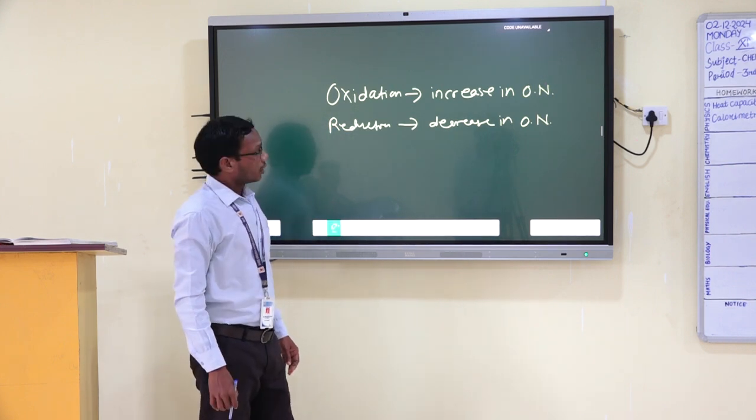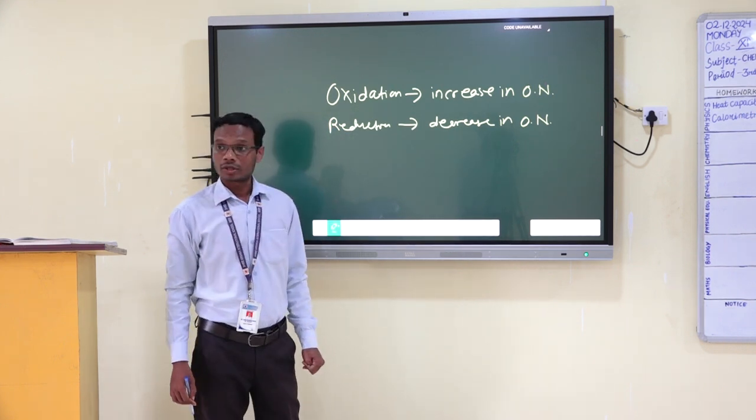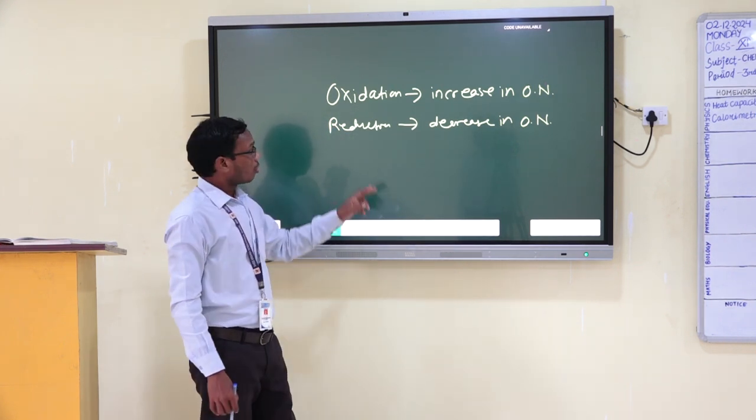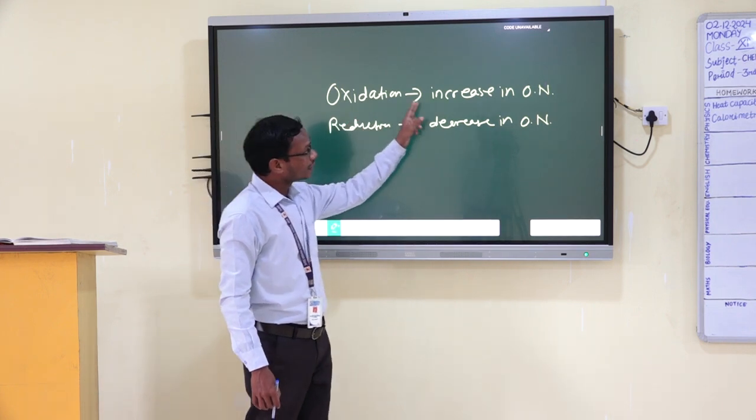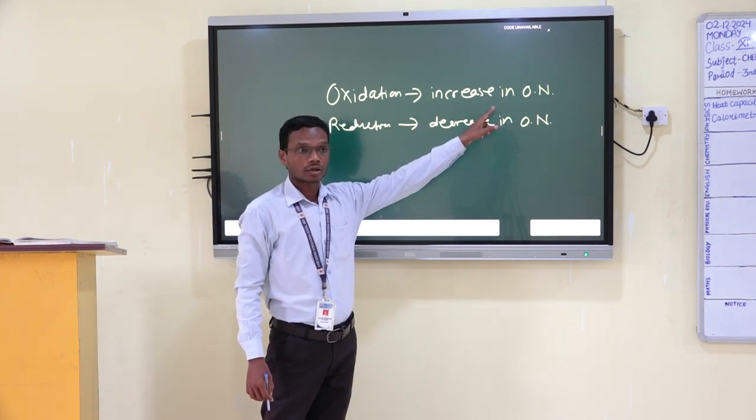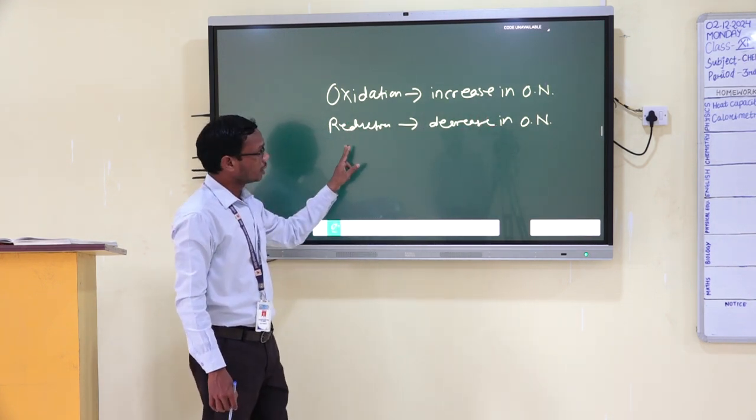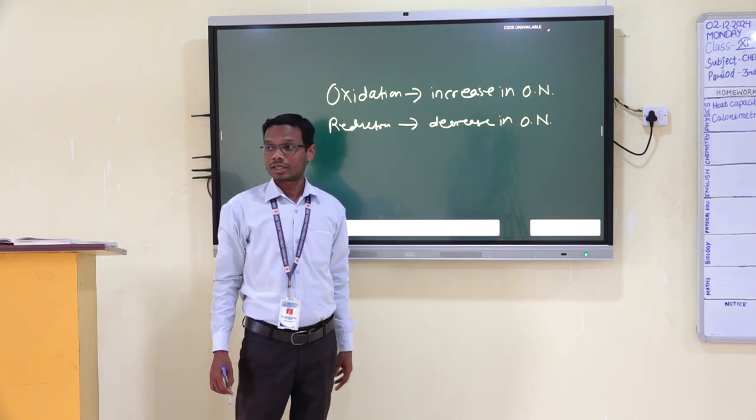Okay, if you compare oxidation number, then what is oxidation? Oxidation is increase in oxidation number or oxidation state, and reduction is decrease in oxidation state.